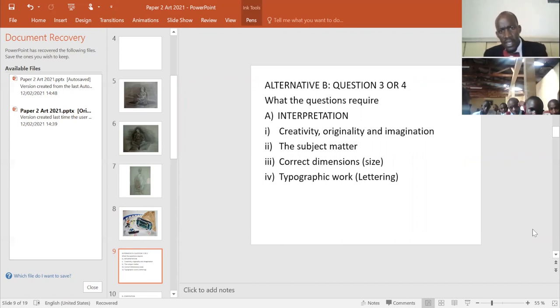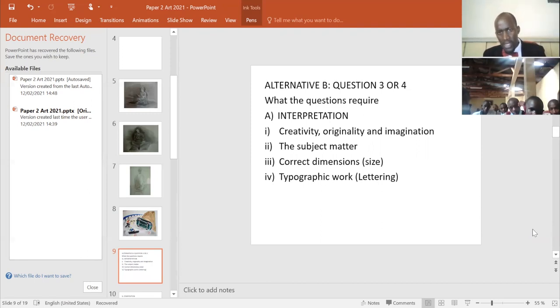Then we have the correct dimensions. Again, graphic design work is particular with the dimensions. You are given specific dimensions to create particular artworks in graphic design. And there are those graphic design works that have specific dimensions.